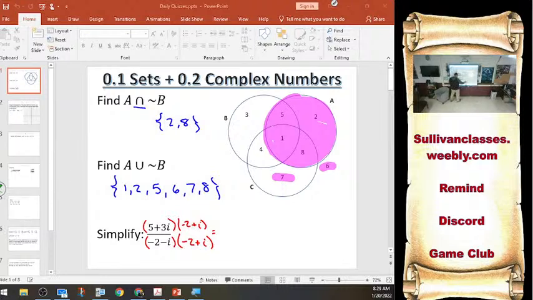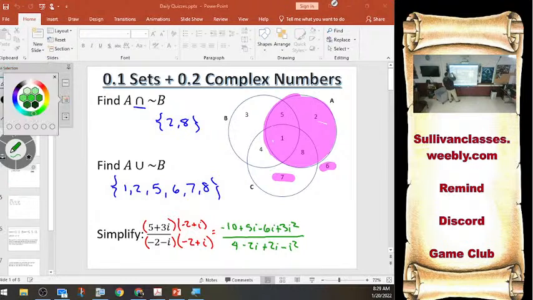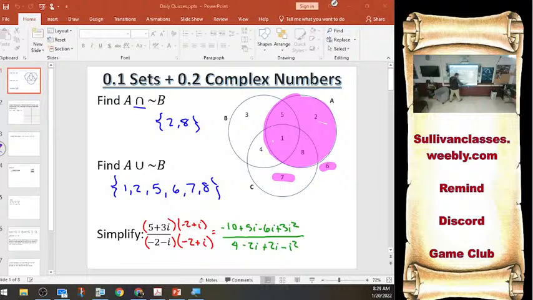So, up top, -10 plus 5i minus 6i plus 3i squared, over 4 minus 2i plus 2i minus i squared. Within there, i squared is -1. I squared is -1. Cancels out. So 4 plus 1 is 5.